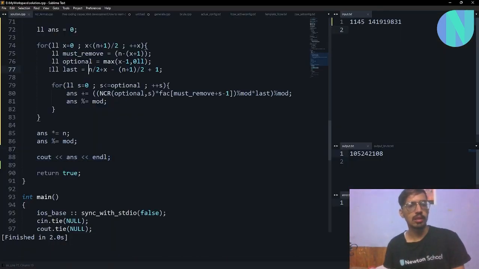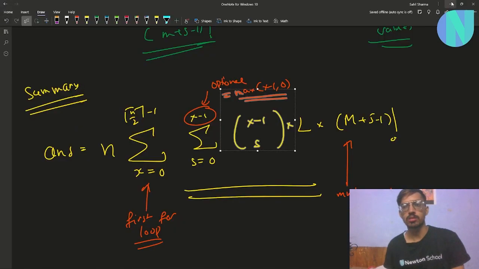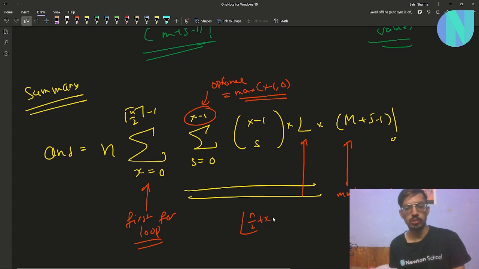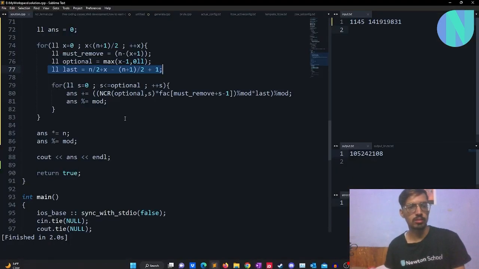So then I compute the last value, which is this L. This is just equal to floor of n by 2 plus x minus ceiling of n by 2 plus 1, right? So just this thing, floor of n by 2 plus x minus ceiling of n by 2 plus 1.